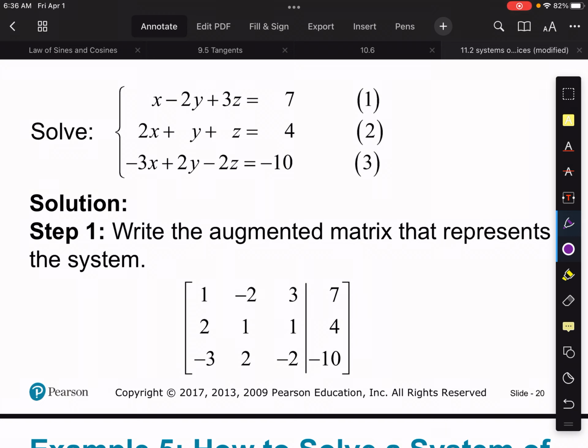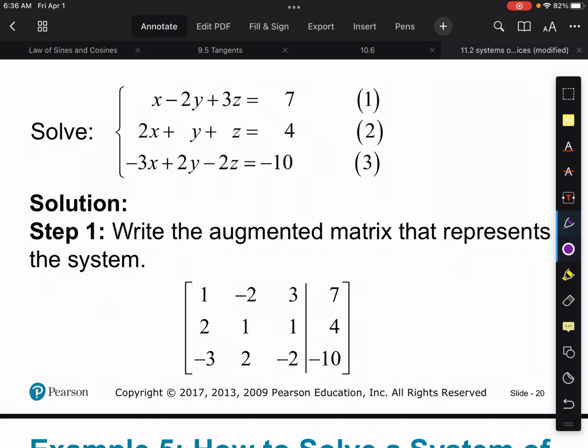And then you could swap any two rows. That's another rule you can use within matrices. And the third thing is that you could multiply any row by some non-zero multiple and then add it to any other row in order to create a new row. So we're just going to mix those operations in here and try to solve this matrix.